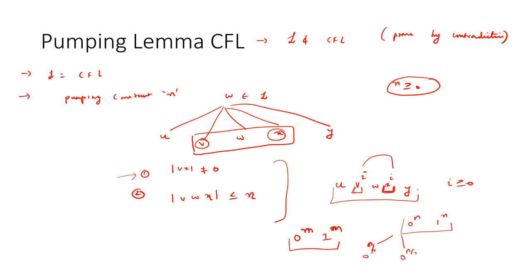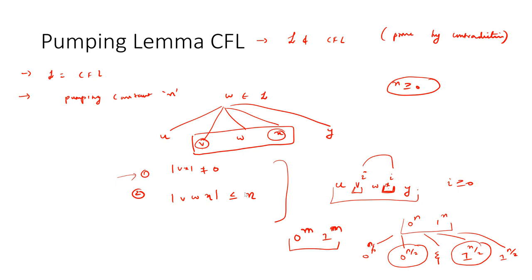The second n/2 zeros go into v. w will be epsilon. x will be 1^(n/2), and y will be 1^(n/2). With this partition scheme, if you pump u and equally pump v, you can verify that the resultant string is always part of the language. That is the notion of this pumping lemma.